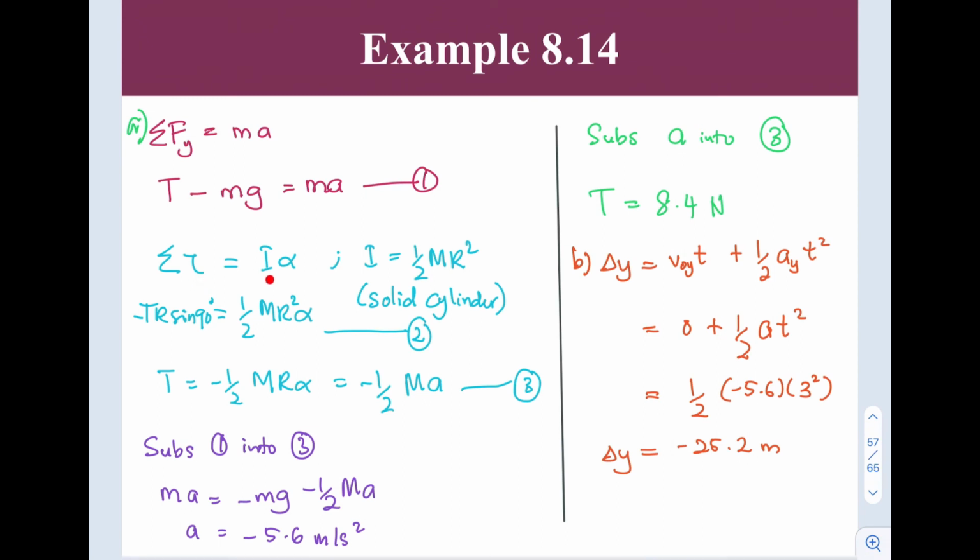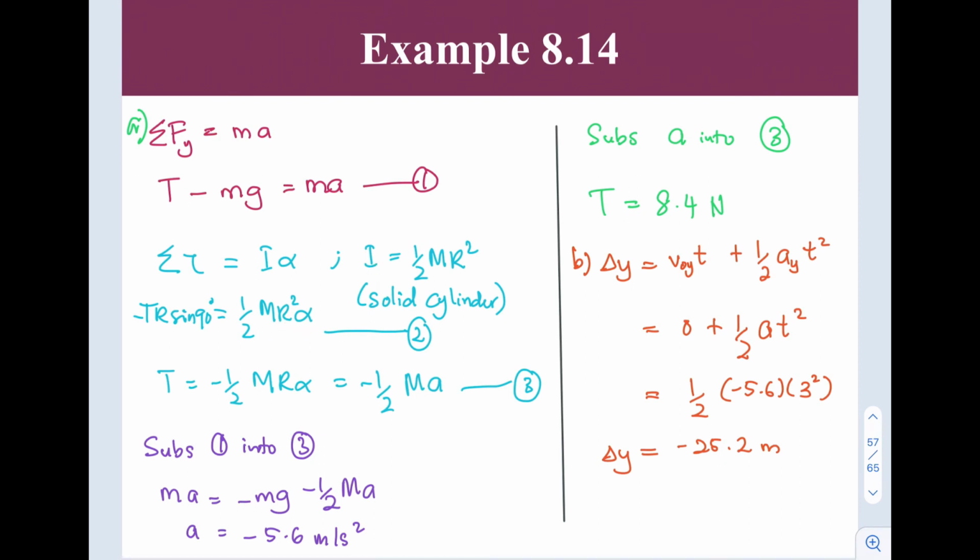For the reel, we are going to apply sum of the external torque equal to I alpha. We apply I for the formula of a solid cylinder, which is half MR squared. The torque experienced by the reel is due to the tension, so T times the perpendicular distance R sine 90, and the direction is clockwise, which is why it has a negative sign.